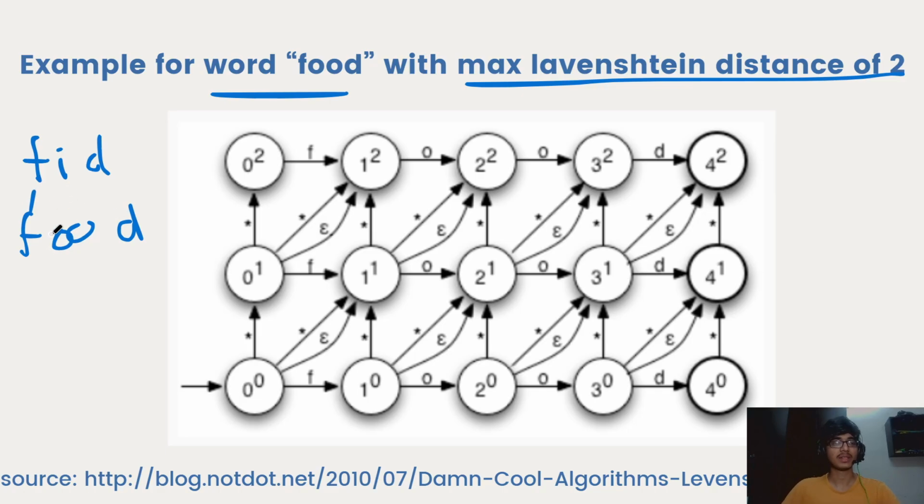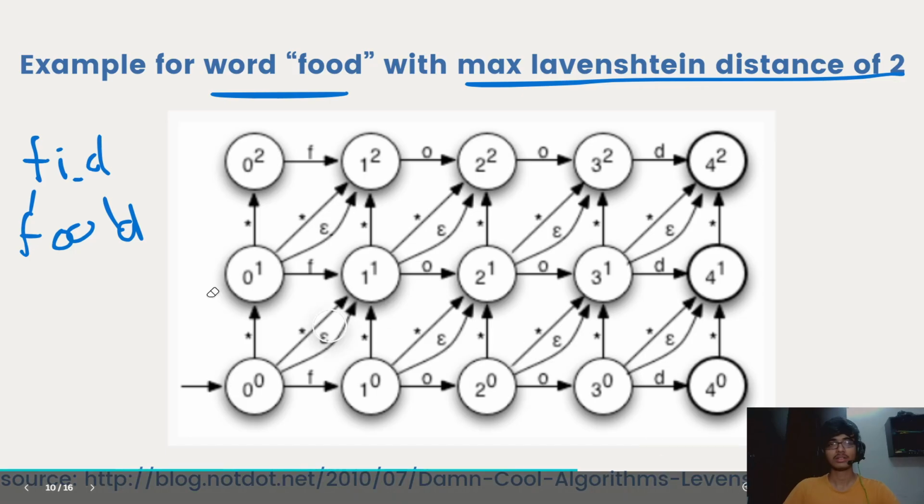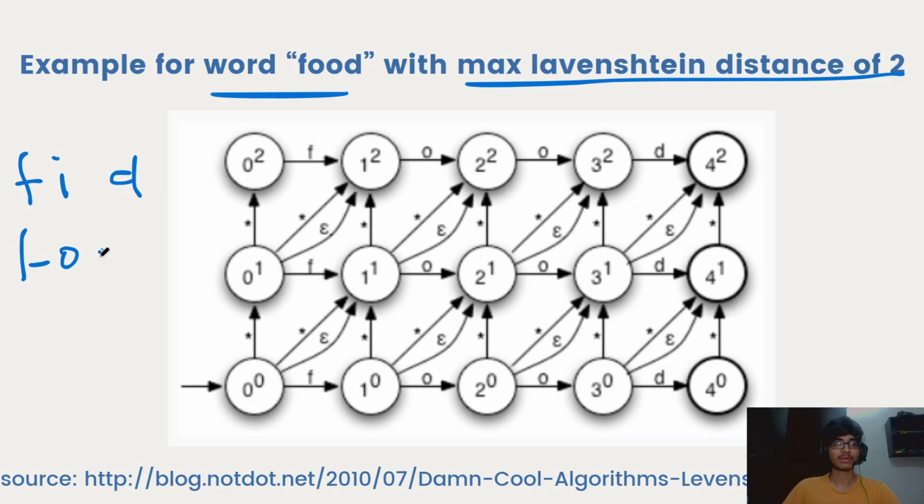I got substituted in place of the first O, and the second O got deleted, and the D remained as it is. Okay, so it would be FID, FOOD. So we will traverse through this automaton.